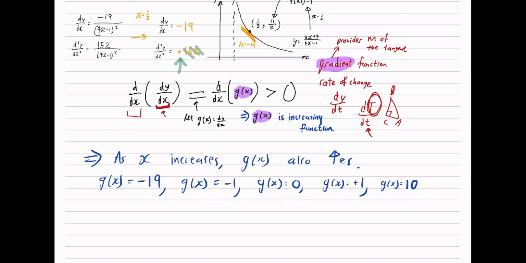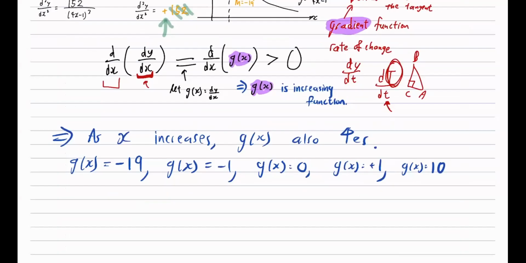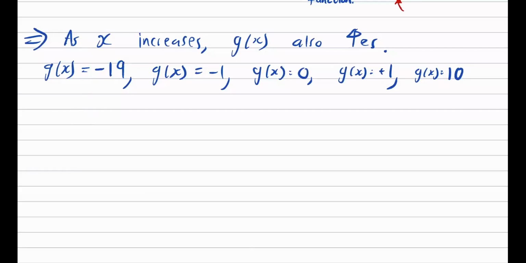Yes, but what is g of x again? G of x is the purple guy, which is the gradient function. So in terms of gradient, can you translate this into a picture? Negative 19, so that means the gradient is negative 19. How would you draw the picture of the tangent line?